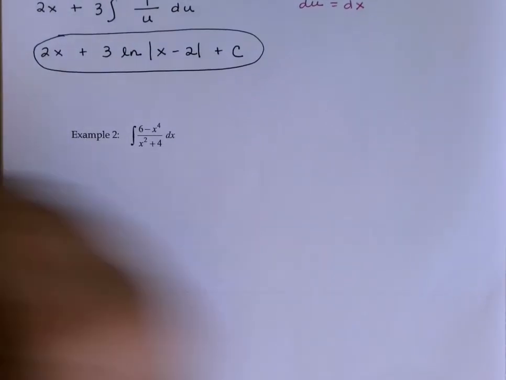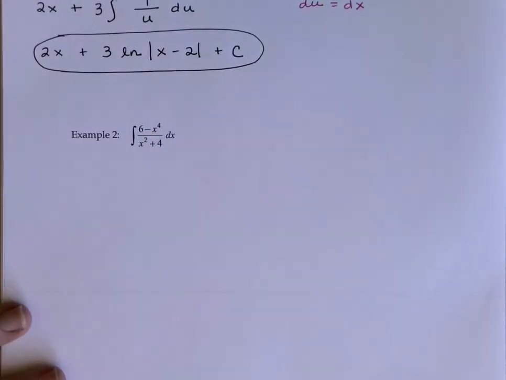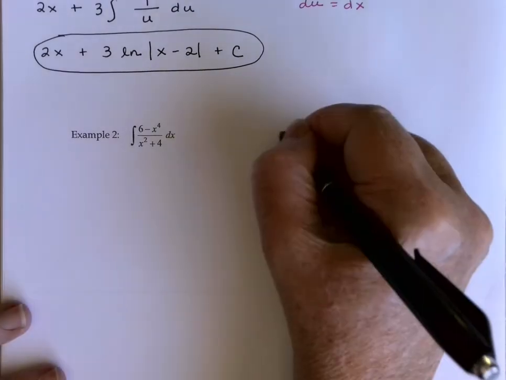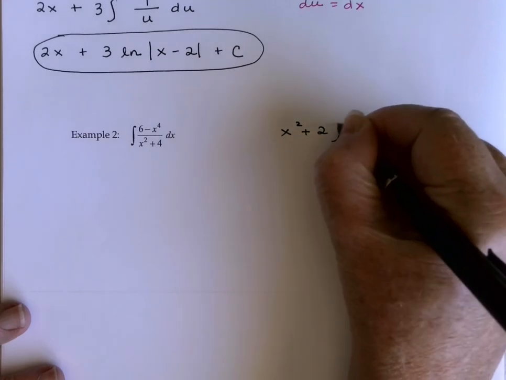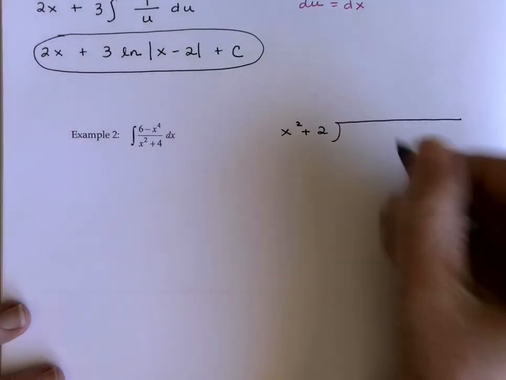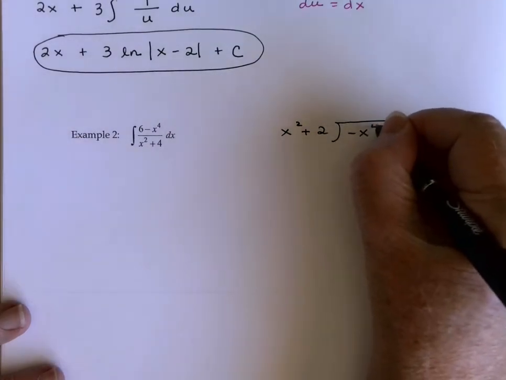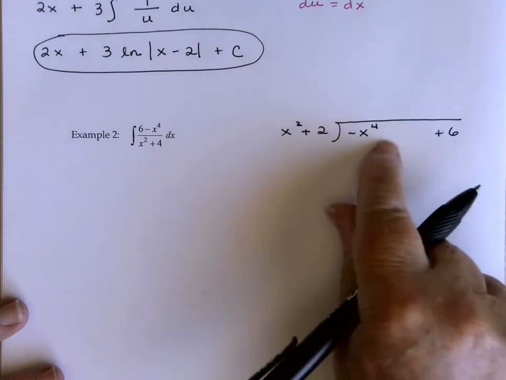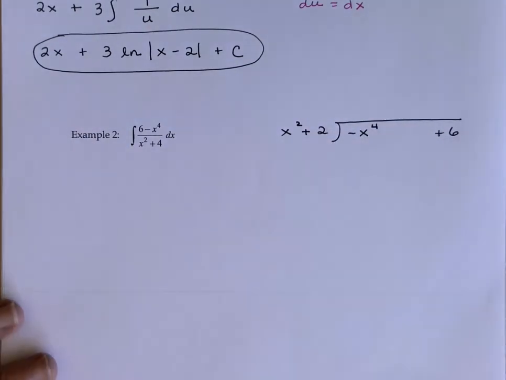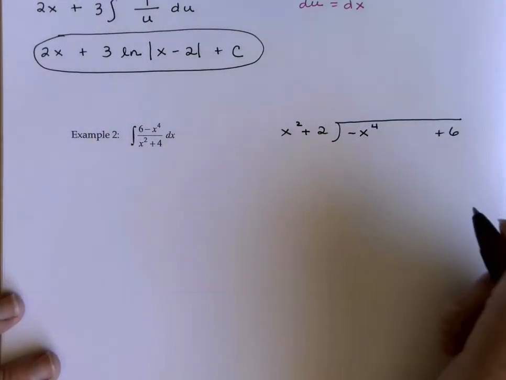Let's do just one more. Degree of the numerator is definitely bigger than the degree of the denominator. So I'm going to go ahead and divide. I'm going to rewrite this so that the polynomial is in decreasing order: negative x to the 4th plus 6. There's a lot of missing terms in there, so I'm going to leave myself some space in case I need them.